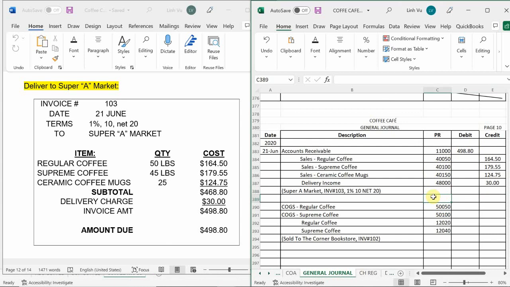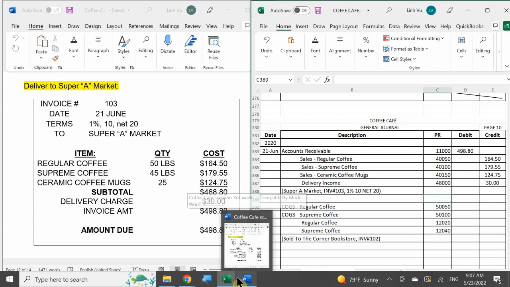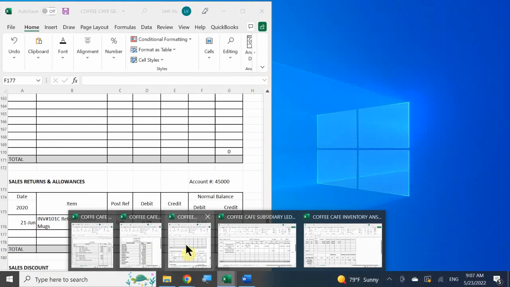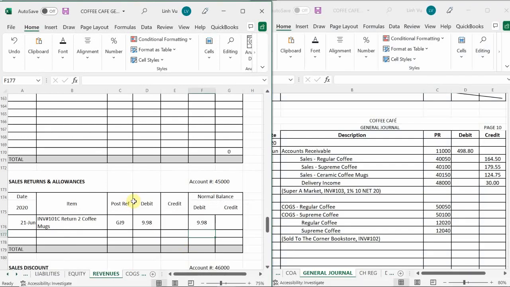Okay, so that's that there. So I need to update my general ledger. Okay, and then I'm going to go for my subsidiary ledger because now Super A Market owes me money. So first, let's do the general ledger first, because I sold some stuff, right? I have money that is being owed to me.